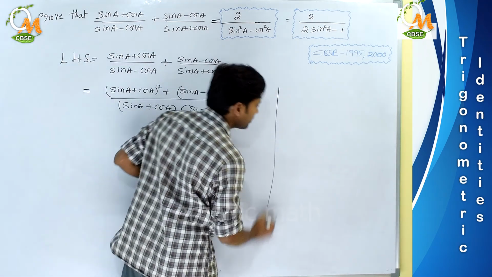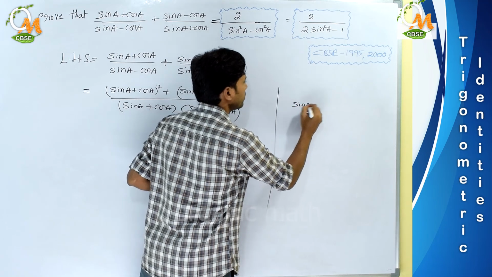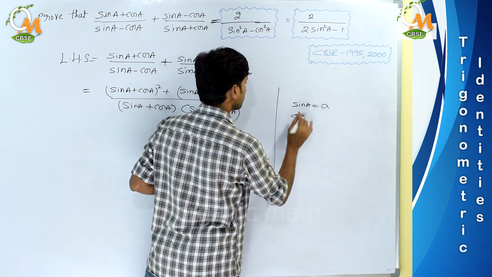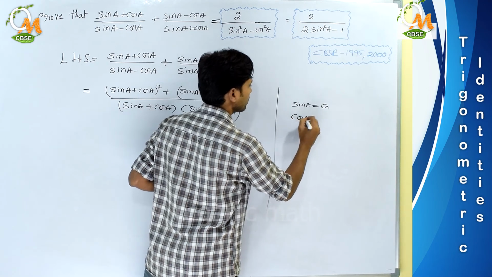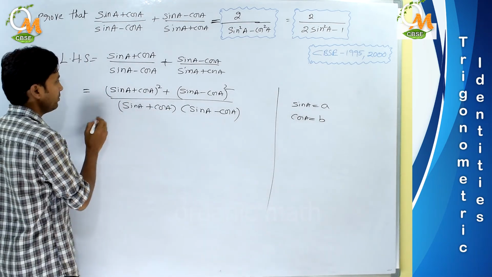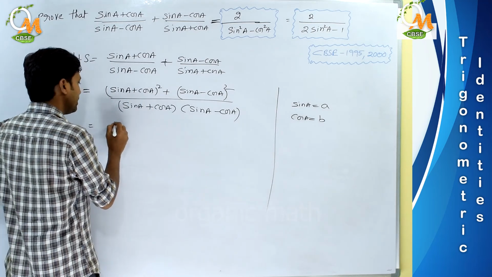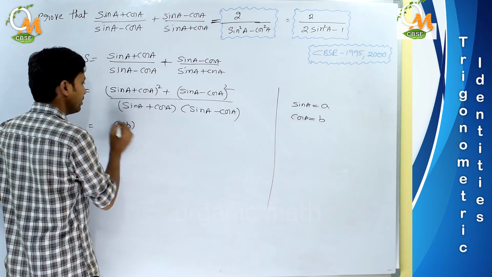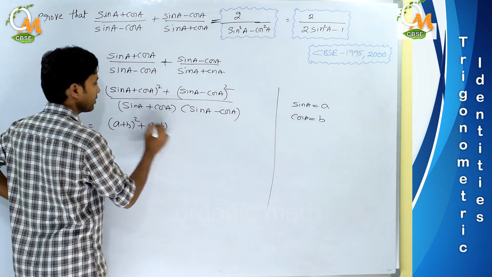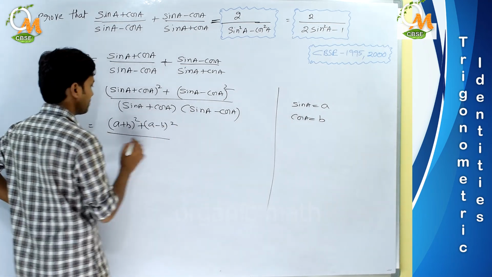Let me put sin A equal to A and cos A equal to B. Then this is in which form? A plus B whole square plus A minus B whole square by A plus B into A minus B.